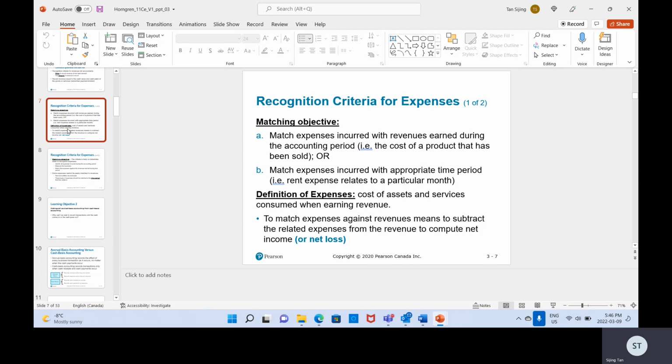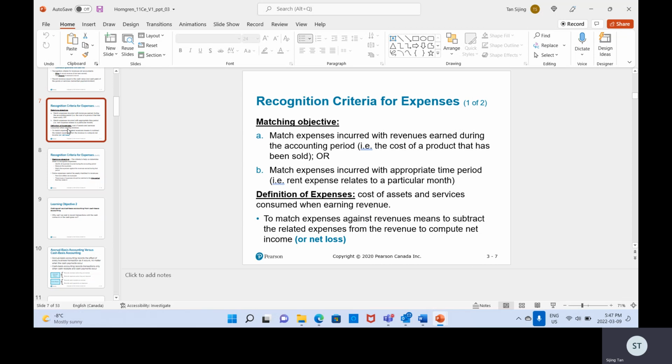Now we do have some examples in the recognition criteria for expenses. The matching objective directs accountants to identify all expenses incurred during the accounting period, measure the expenses, and match the expenses against the revenue earned during the period.